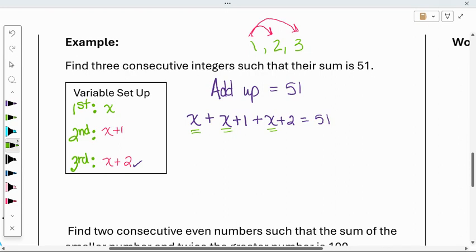Tyler, what is x plus x plus x? Perfect. Lysandro, what's plus 1 and plus 2? Positive 1 and positive 2? Perfect. Equals 51. Michelle, what's the first step I need to do to get x all by itself? What's the first step?